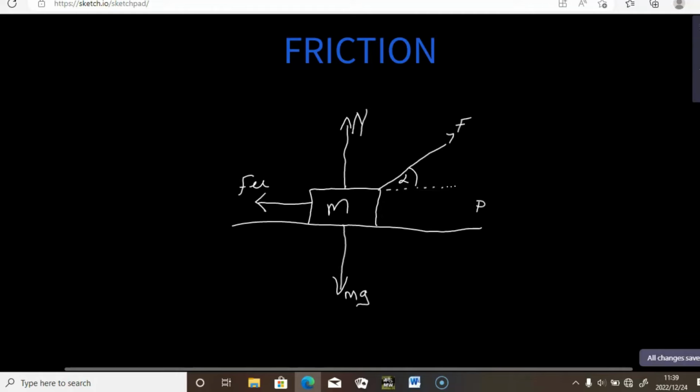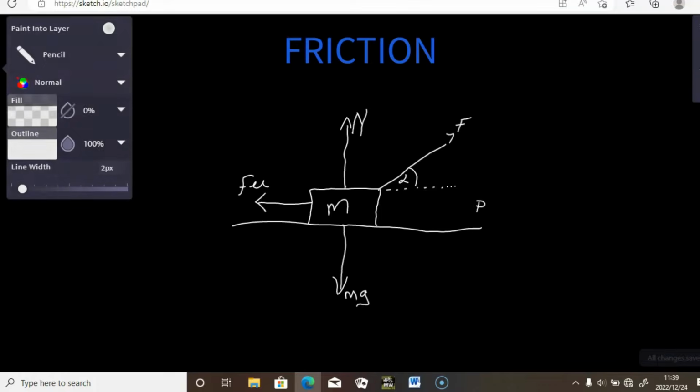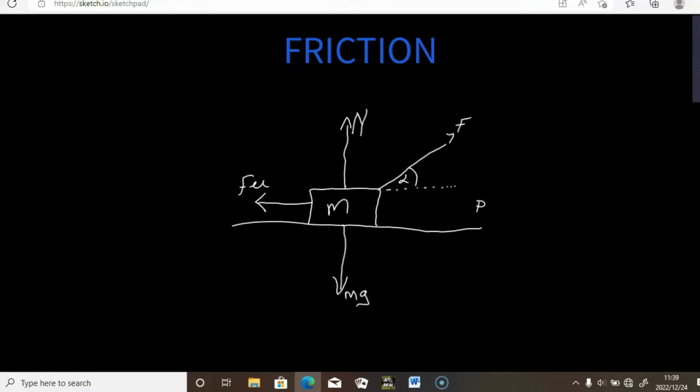One thing I want you to know about a force that is being applied at an angle is that it will develop two components: the component that is perpendicular to the ground and the component that is parallel to the ground.